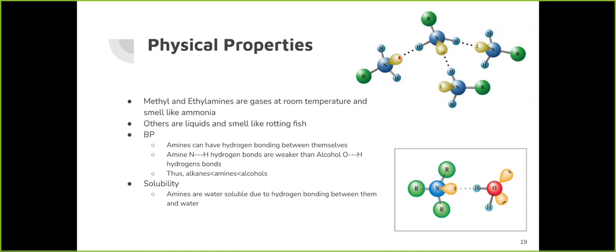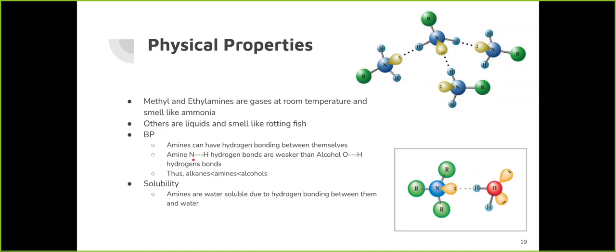And so you can get bonding between these. This will increase the boiling point, since they stick together more and it takes more energy to break them apart and turn them into gases.